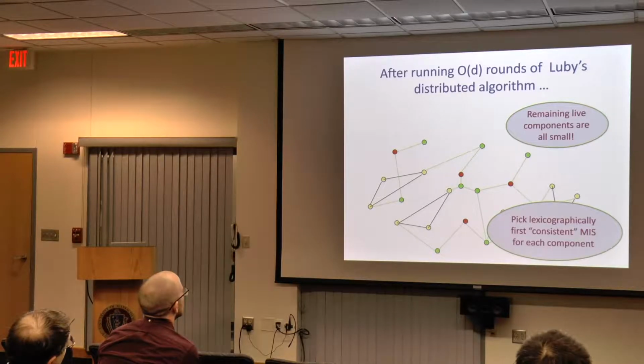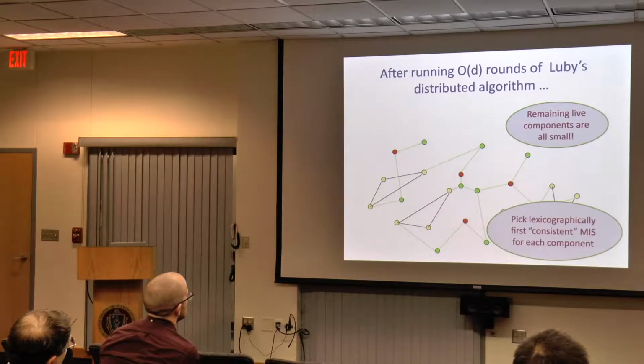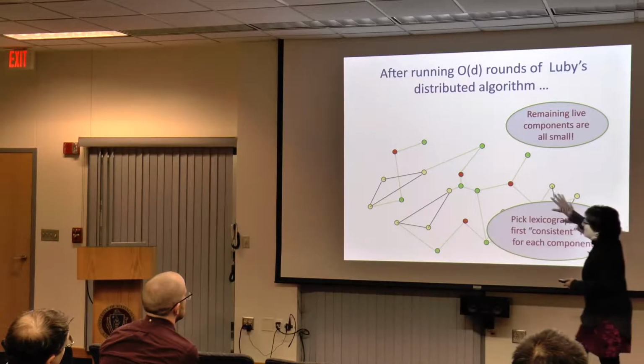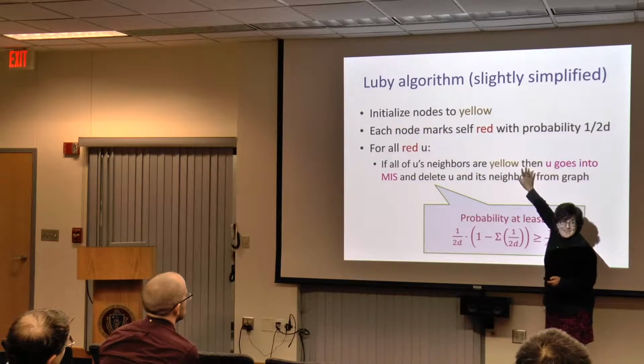The thing that's a little bit complicated here to remember, though, is that I just described to you a combination of a distributed algorithm plus a sequential algorithm, and I said, oh, that solves the whole problem. Remember that Luby thing, that was the Luby algorithm. This is a distributed algorithm.